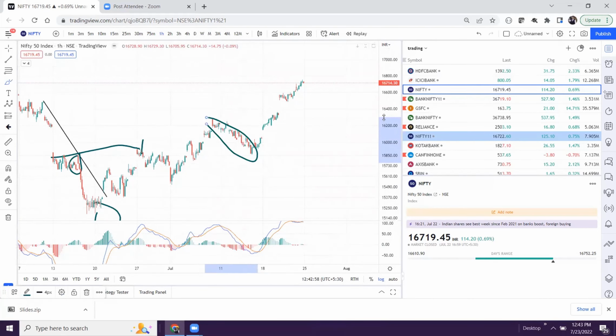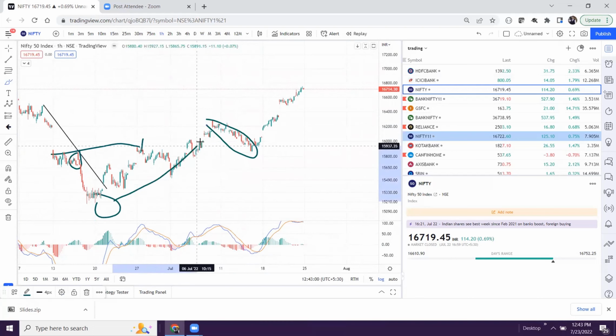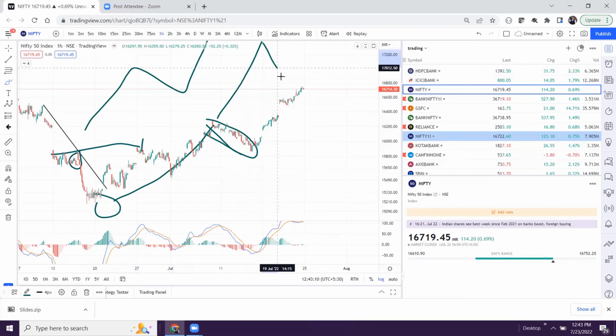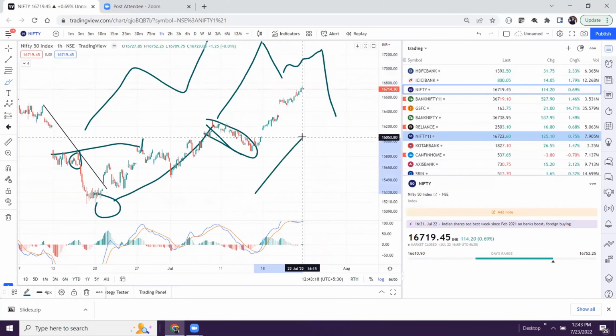Because this is the first impulse, and after this, this is not the sell setup. The sell setup is this. This should be fast, and then there should be a correction structure, and then you can expect one more down. But if you get a fast move up like this, then you are expecting the move should be up, right?